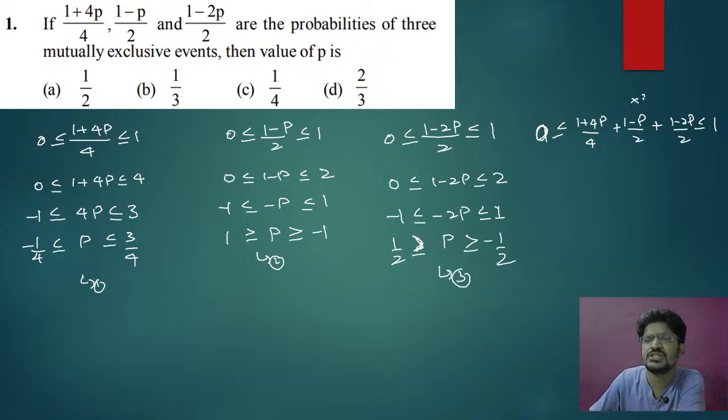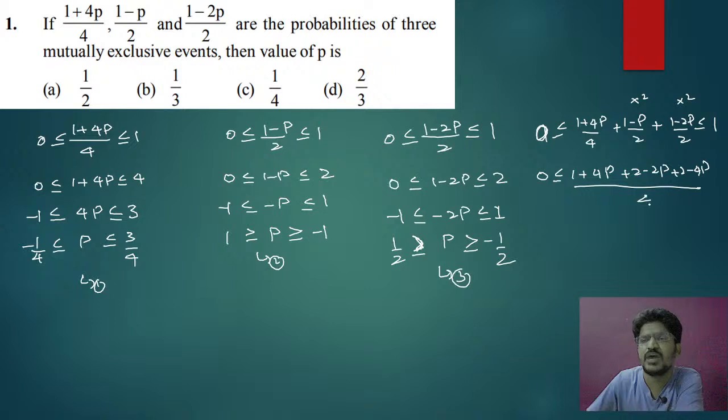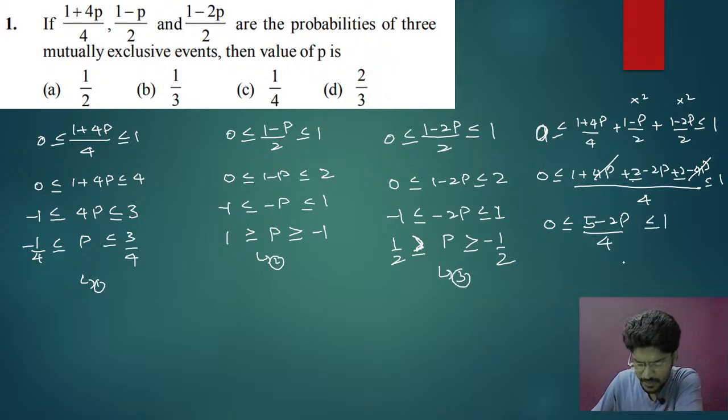First you take LCM, this will be 4. Therefore 0 ≤ (1 + 4p + 2 − 2p + 2 − 4p)/4 ≤ 1. Plus 4p minus 4p will get cancelled. Plus 2 will be 4, 4 plus 1 is 5. So 0 ≤ (5 − 2p)/4 ≤ 1.